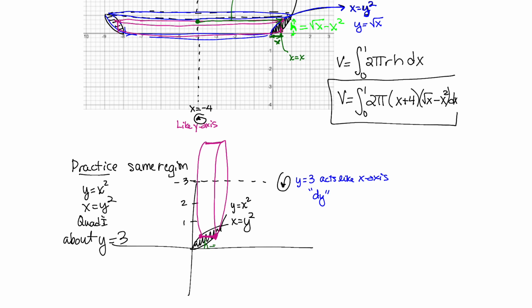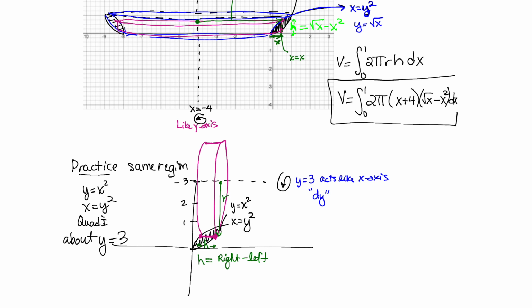That shell has a height and a radius. Your height is measuring left to right this time. This is my shell cutting with respect to y; dy means cut perpendicular to y.